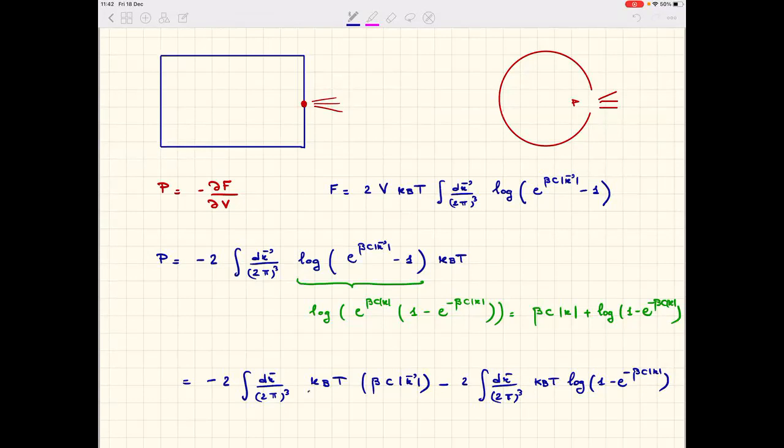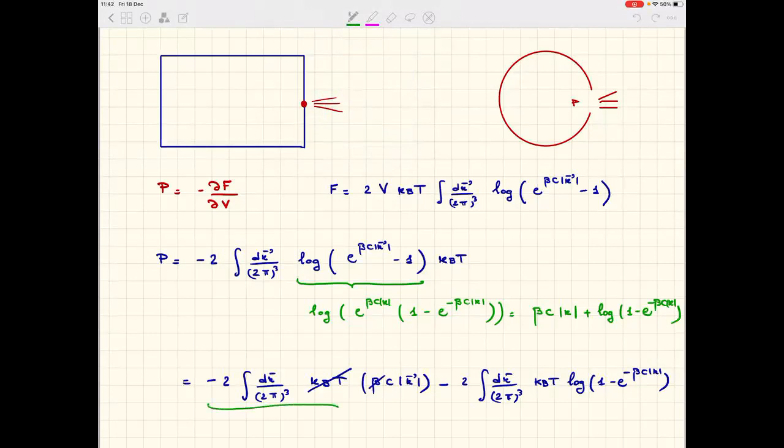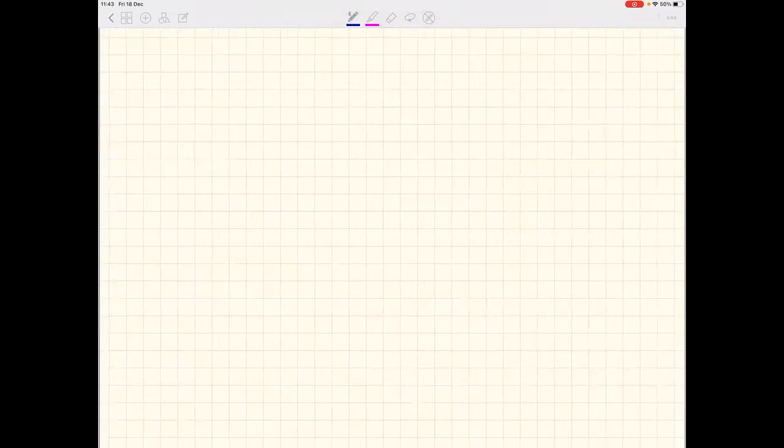Now this cancels with that, and therefore we see that this first contribution is temperature independent. So let's call this P naught, temperature independent. And the second one instead is temperature dependent. I can change variables, set beta c absolute value of k equal to x, pass to spherical coordinates, in which case this is 4 pi times dk k squared, and do the same things we have done 2,000 times.